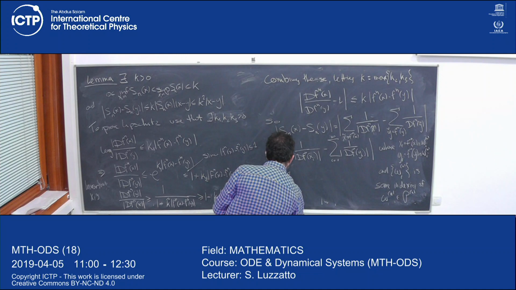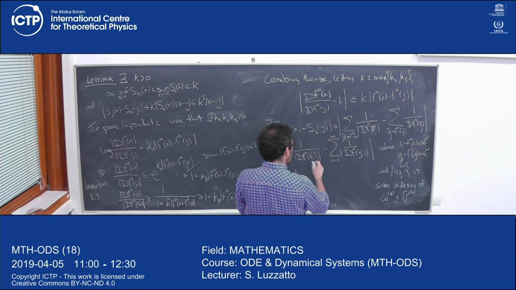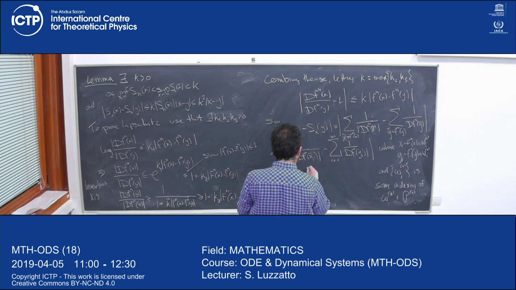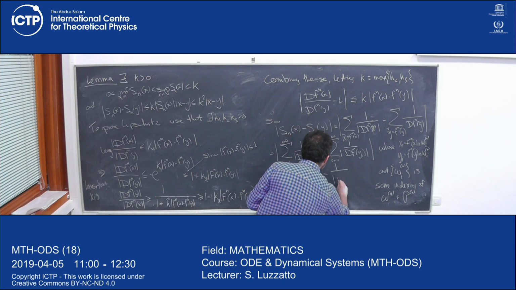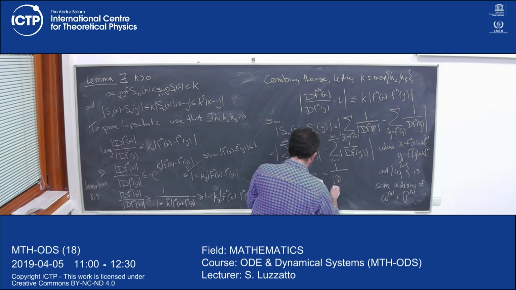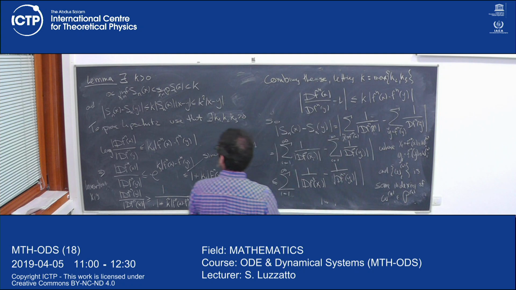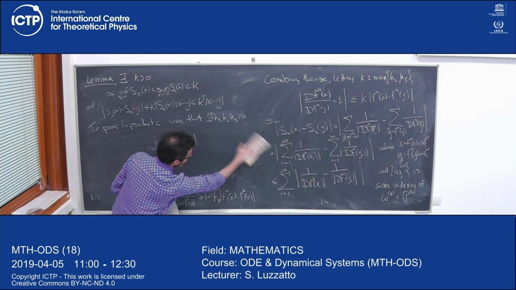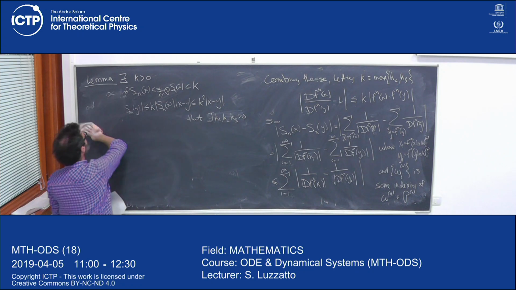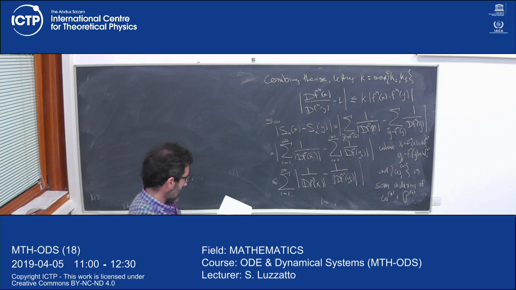So this gives the sum i equals 1 to infinity of the difference between these two, 1 over the derivative of f^n at x_i minus 1 over the derivative of f^n at y_i.